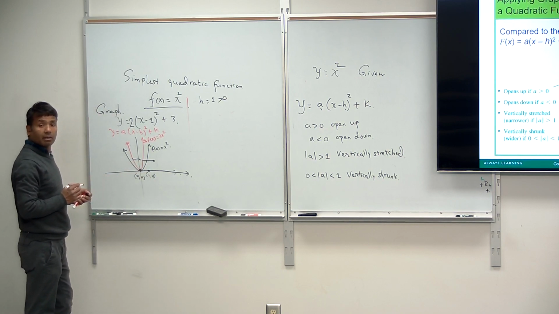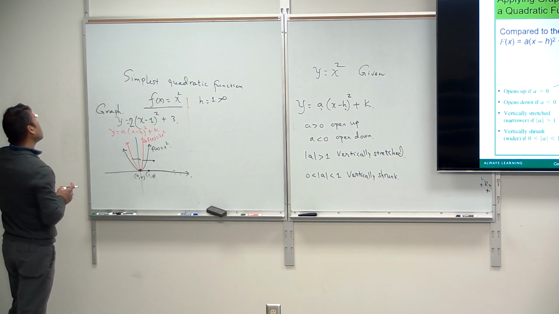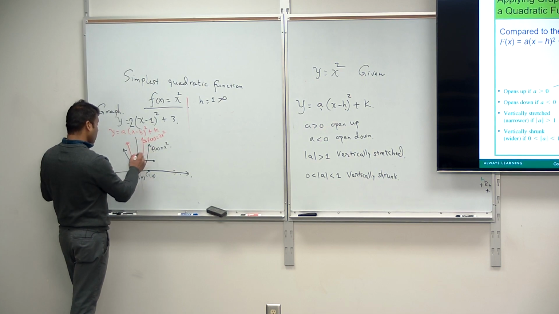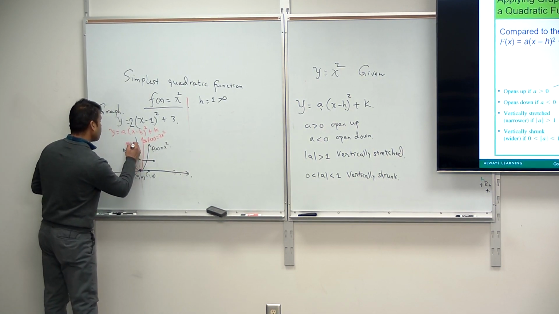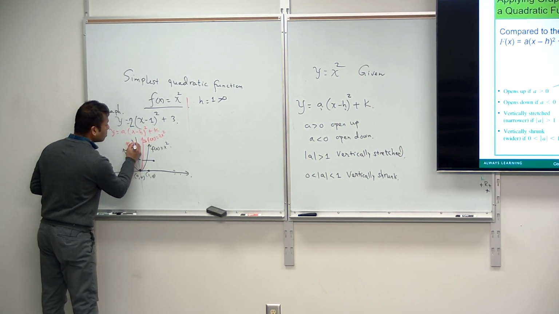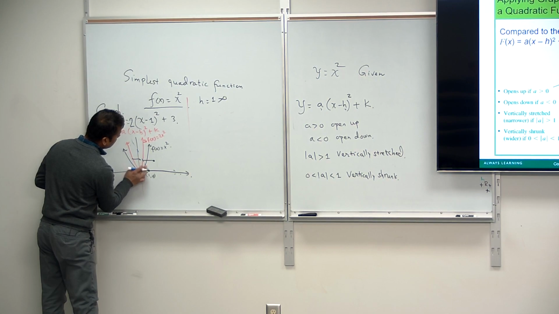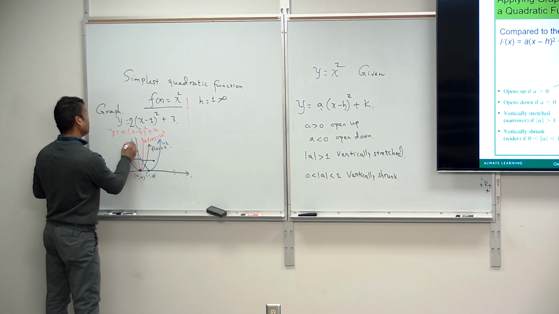That makes sense? Right? So now you'll have something like, let me use the blue one. This is a parabola. This is not a straight line, okay? You'll have something like this.